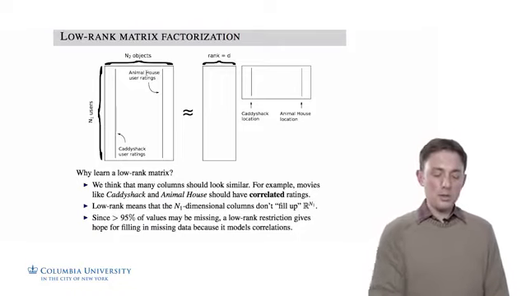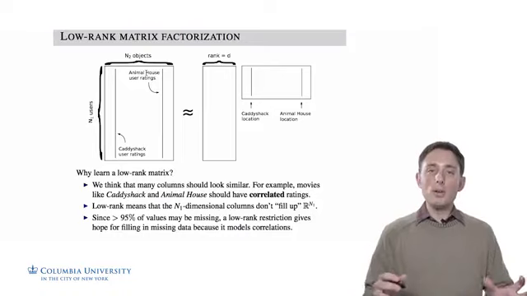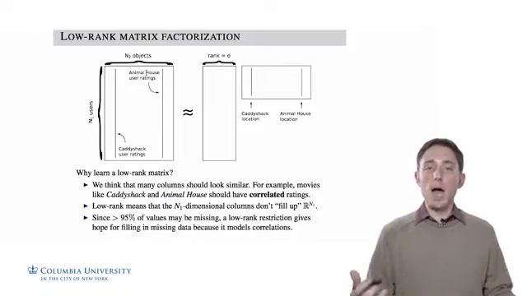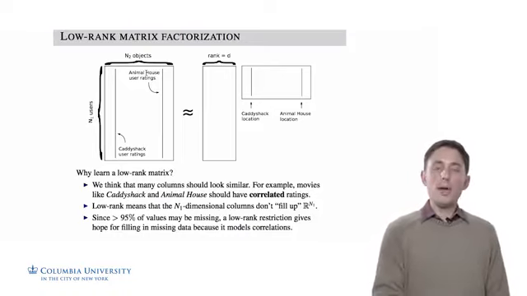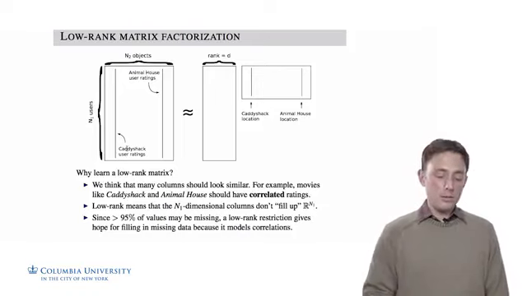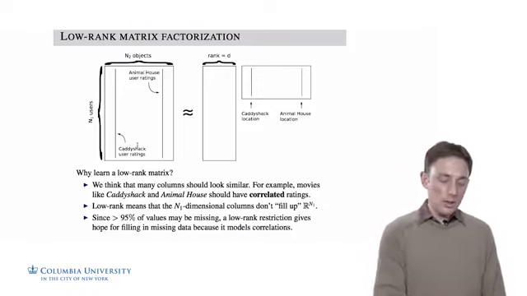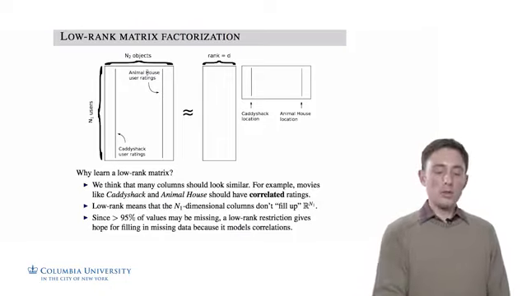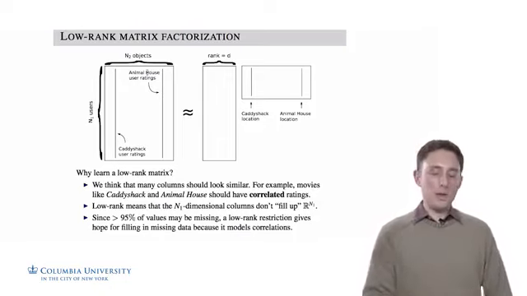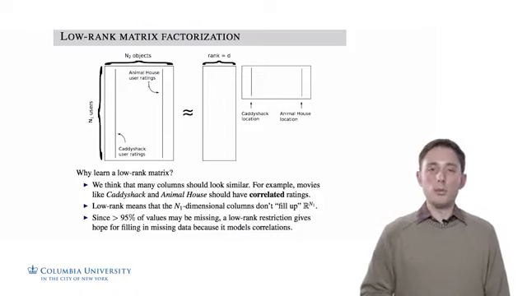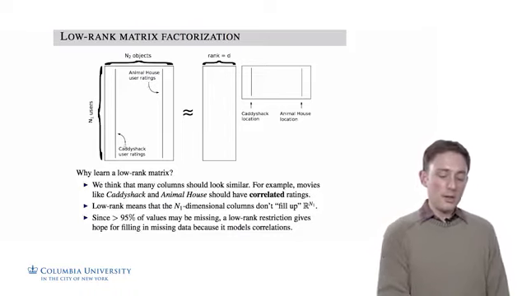Now, if you know about these movies, you know that they're very similar. They're from the same period of time. They're both the same type of comedy movie. And you can imagine, although it's not necessarily always the case, that if somebody really likes the movie Caddyshack, they're also going to really like the movie Animal House. So I tried to pick an example that everybody would agree with.